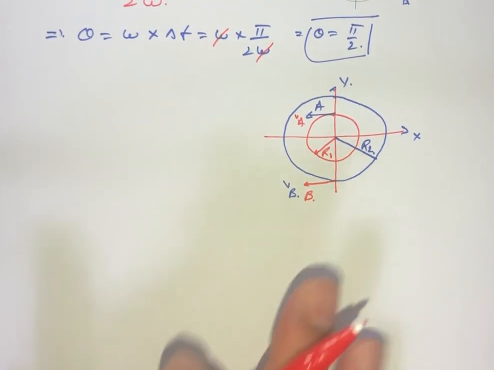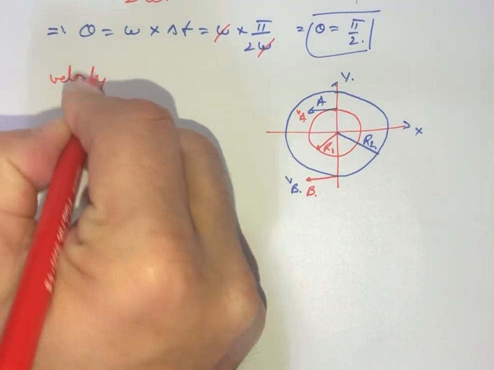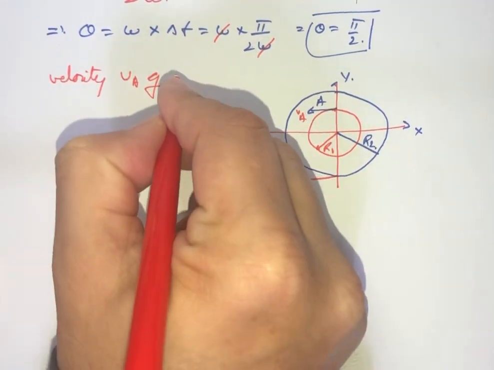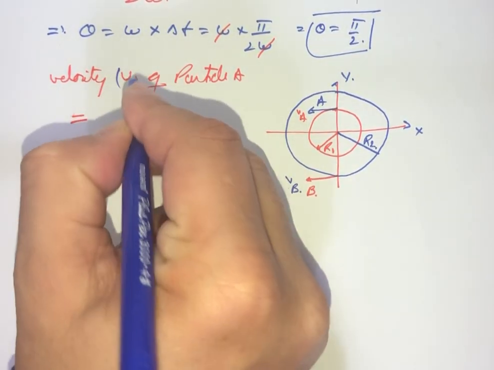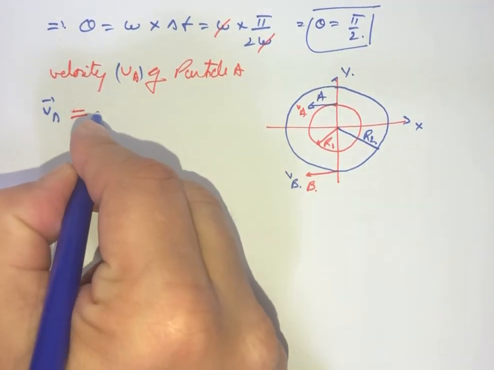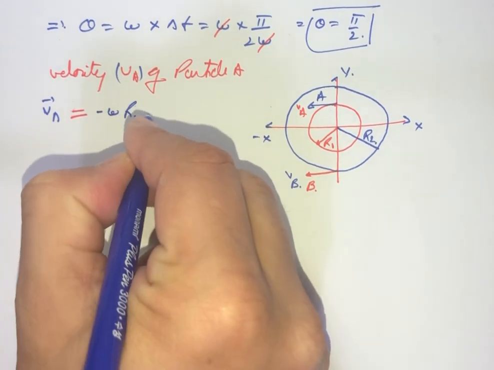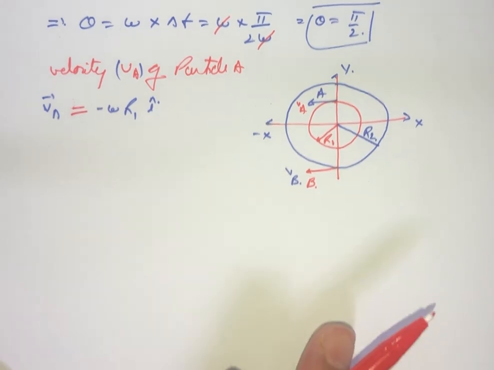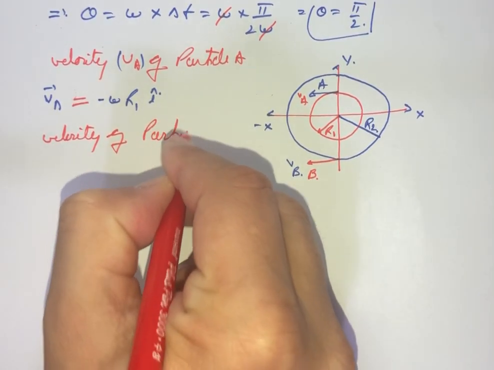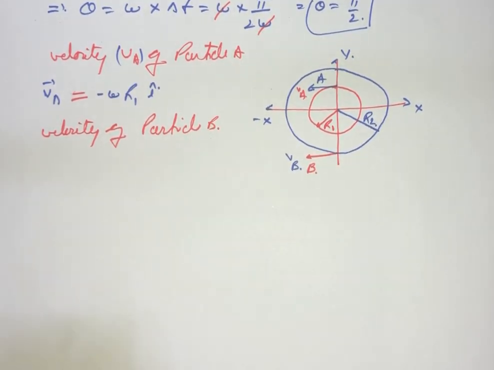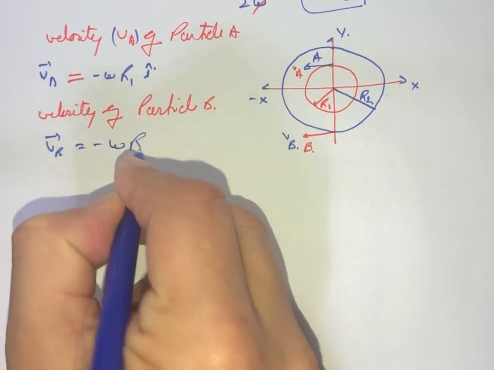So we can say that velocity VA of particle A will be equal to minus, as it is towards negative of x-axis, minus omega r1 i, and velocity of particle B is our VB, which is equal to minus omega r2 i vector.